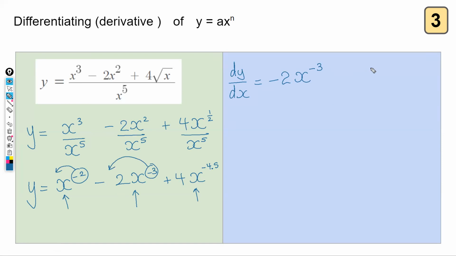And then we minus 1 from the power. Minus 4.5 jumps in front, multiplied by positive 4, I believe that's minus 18. And then we minus 1 to get minus 5.5. How many people got that entire thing correct? No mistakes. They got each sign correct as well.